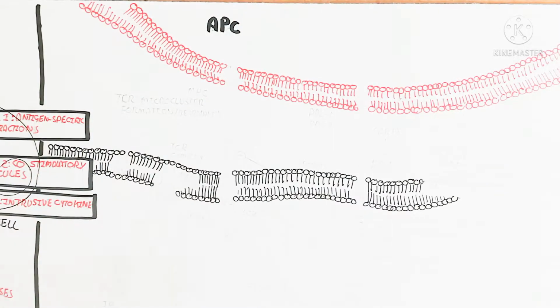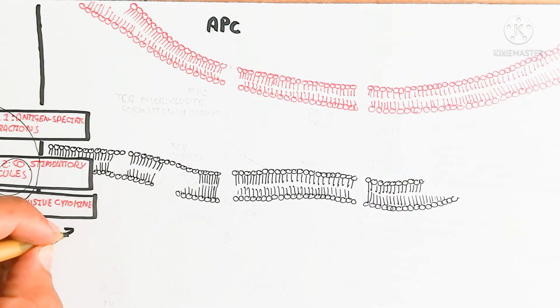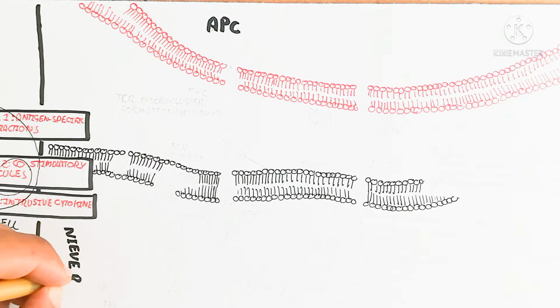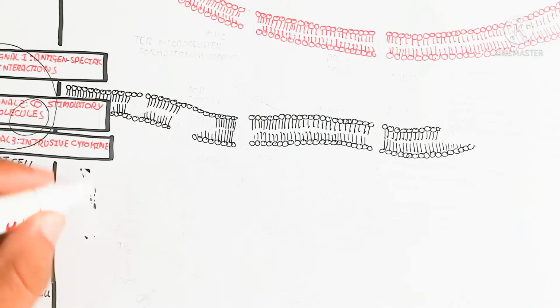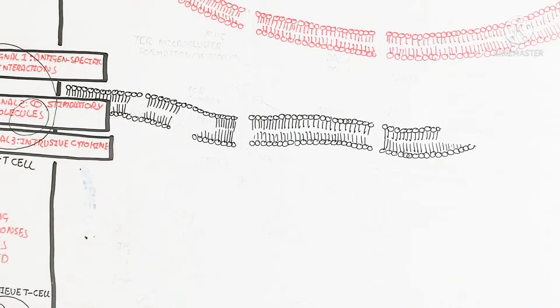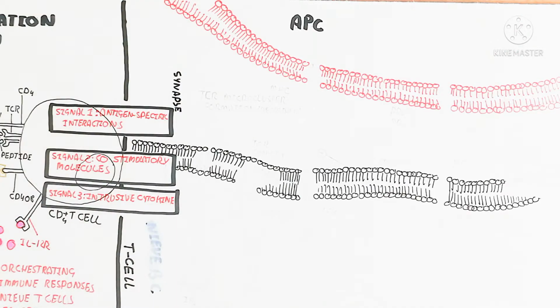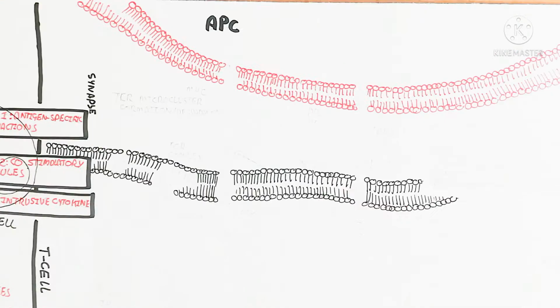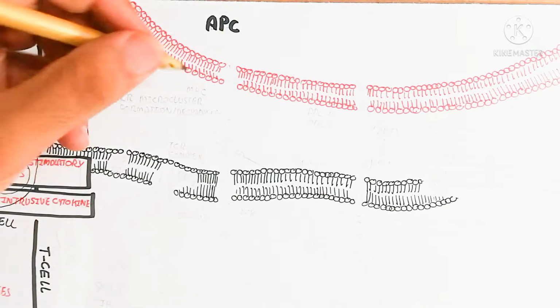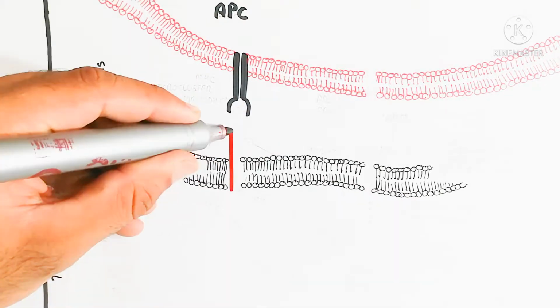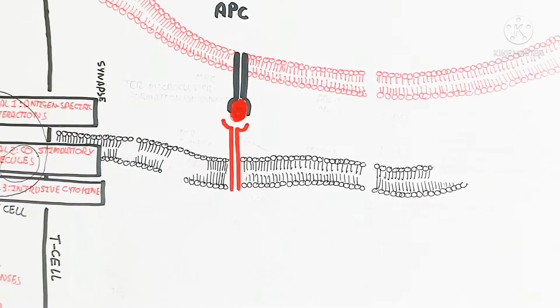Basically the antigen can be a pathogenic part endocytosed by a dendritic cell. Here is a T cell, and the upper part is the synapse, the cellular gap between the antigen presenting cell and the naive T cell.